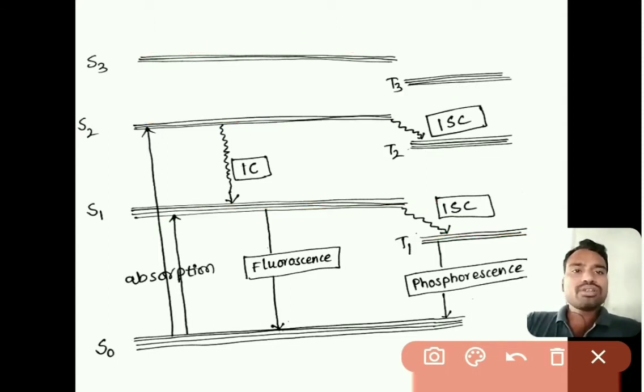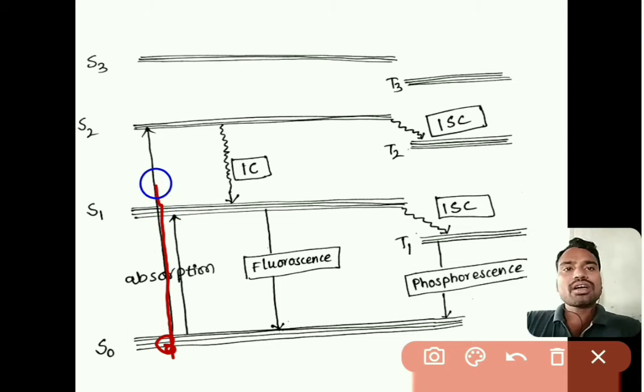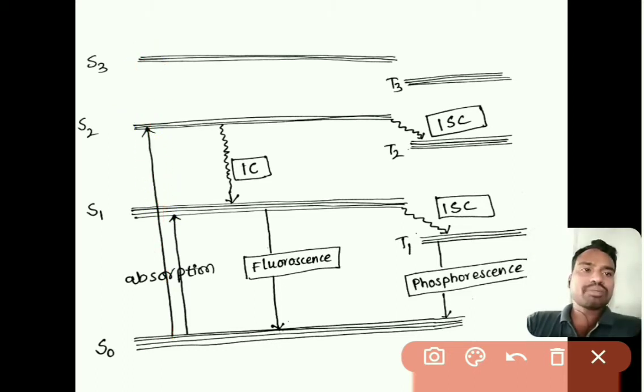So a molecule is absorbing energy, and it will be excited to either S1 or S2, or it may be S3 or S4. That depends upon how much energy we are giving to the molecule.